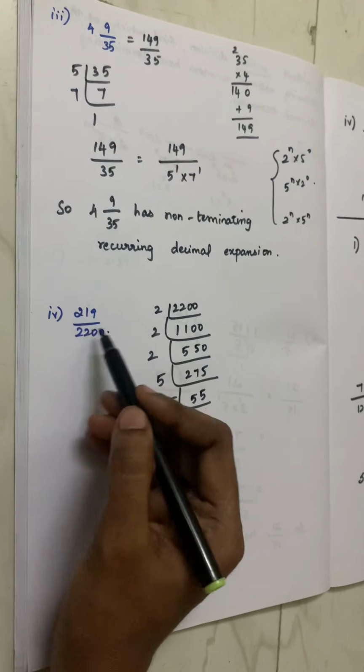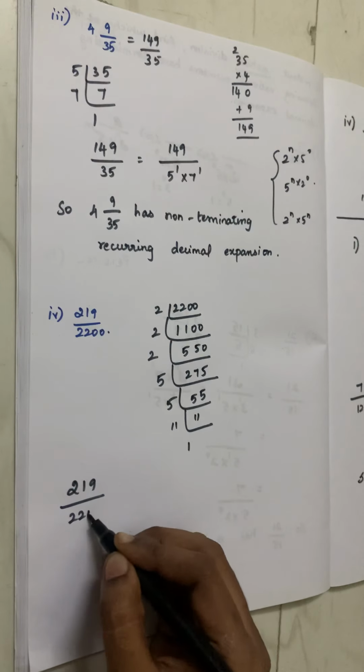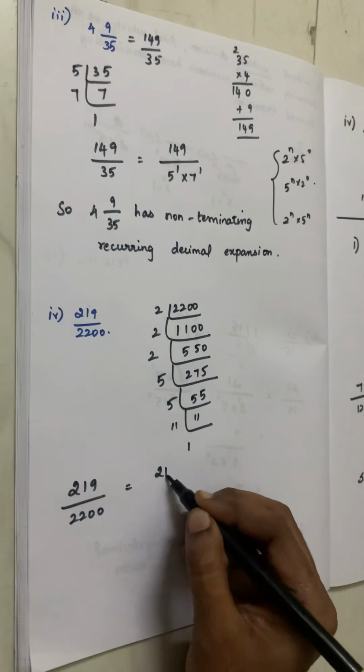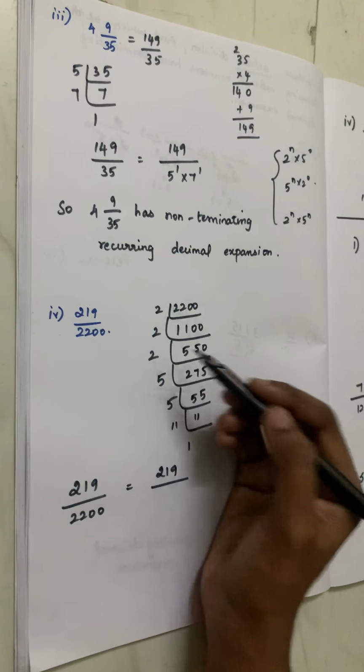This 219 also you can't do in any of the forms, so you can write it as it is. 219 divided by, here how many 2s are there? 1, 2, 3.